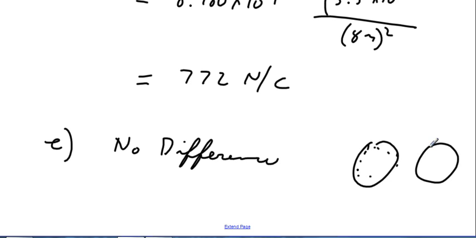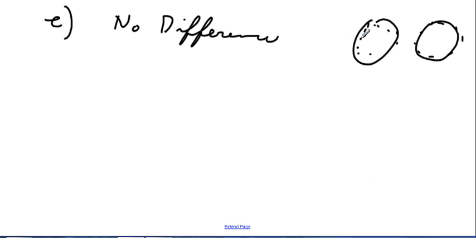In a thin metal shell, the charge is all going to be on the outside. So it makes no difference at all whether I'm a solid guy or a thin piece of conducting material. A solid non-conductor uniformly charged throughout.